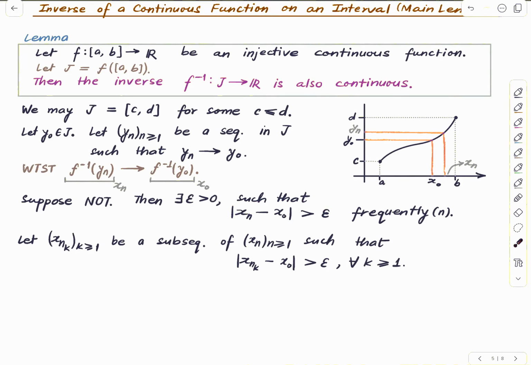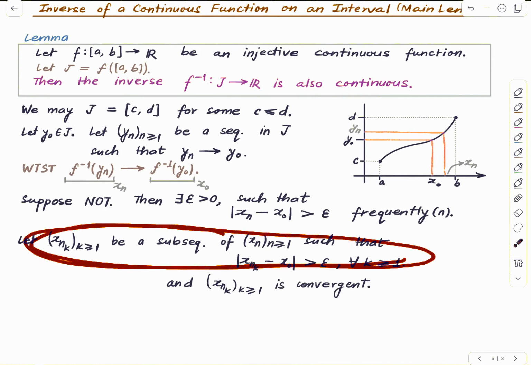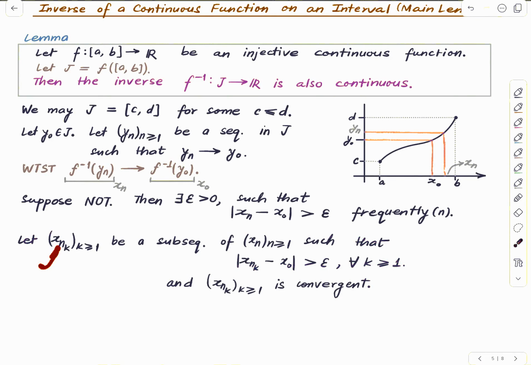And here is one more thing that I want to write. I could extract a further subsequence, but here I want to say that x_{n_k} is convergent. Why do I have such a thing? This much was clear that I have that. Why can I write this further thing? Well, because I would extract a further subsequence of it which converges. Every bounded sequence has a convergent subsequence.